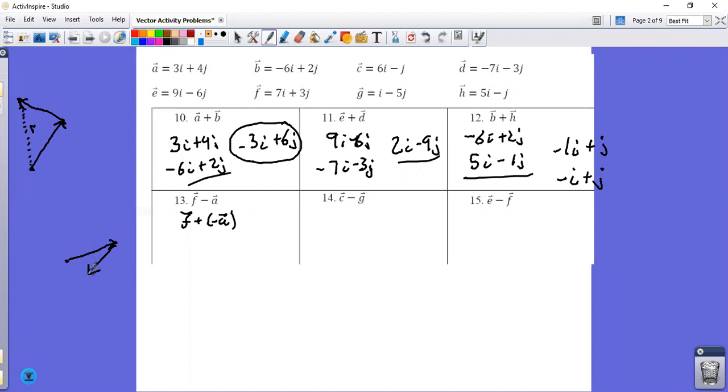So go like down like that. And then the resulting matrix is still start to end. So if F is 7i plus 3j, and you're going to add the opposite of A, which is -3i minus 4j, then you would get 4i minus 1j.